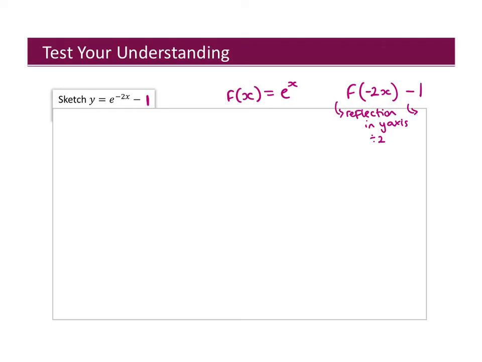Translated it down. So again, think back to our original graph that's going to look like this. Crosses at 0, 1. We've now moved it down 1, so it's going to cross at the origin, 0, 0. Our asymptote has moved down 1 because our original asymptote was on the line y equals 0.